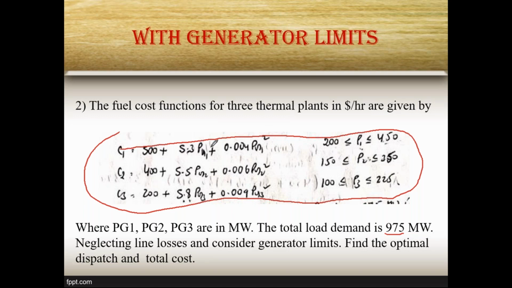For generator 1, the capacity is 200 to 450; the second one is 150 to 350, and the third 235.